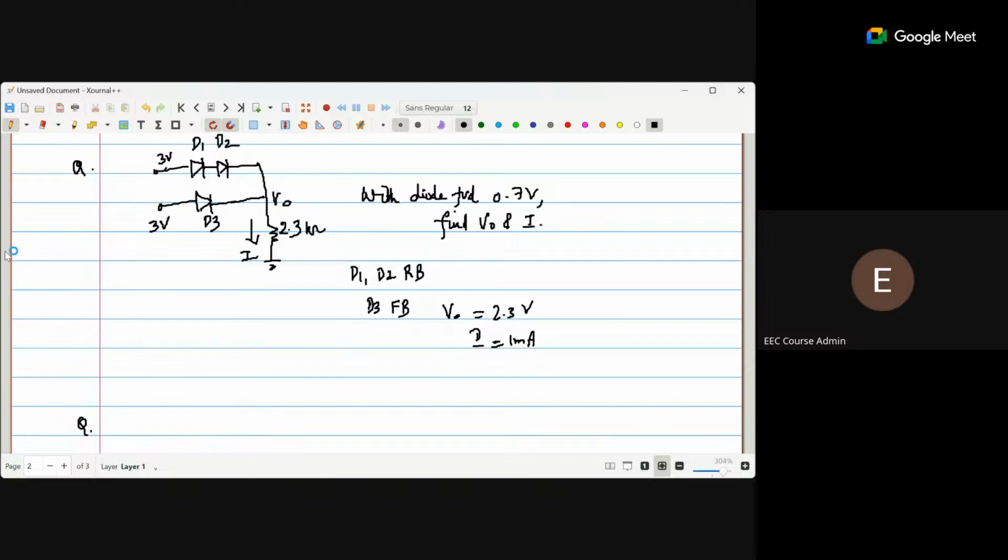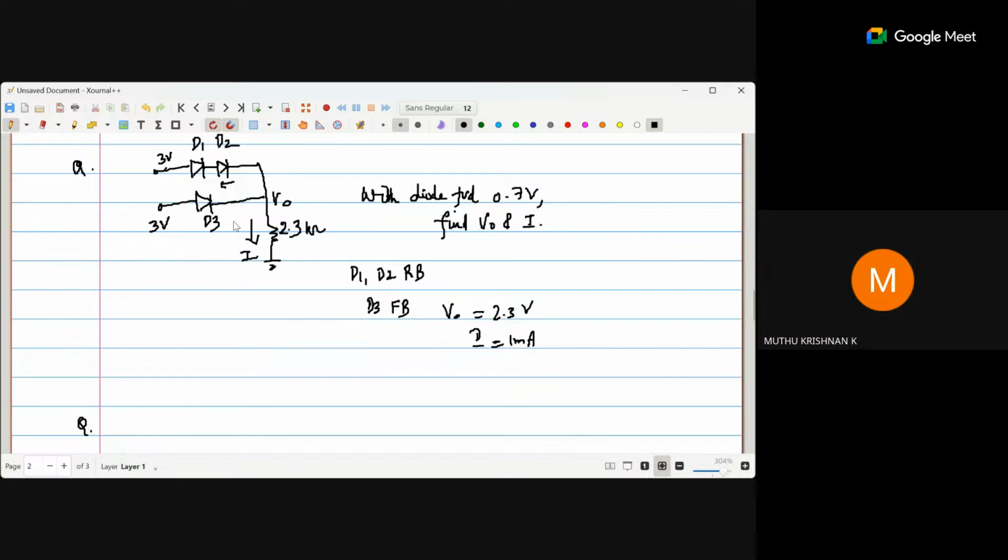Say, if you get with that assumption the current flowing in this direction, that will not happen, because with the diodes connected in this fashion the current direction will be rightwards, correct? So start with some assumption, and then find out the voltages and currents, and check whether your assumption is valid or not. With that only we can tell.